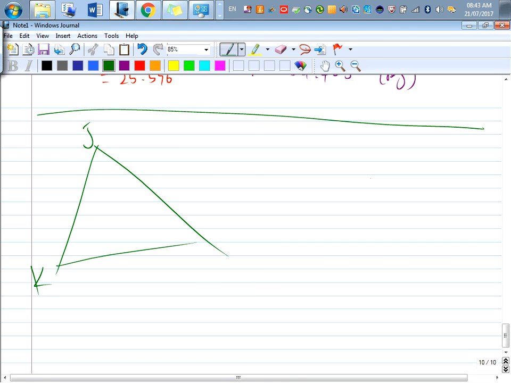J, K, L. Okay. Over here, what rule should I use? Sine or cosine? Cosine.